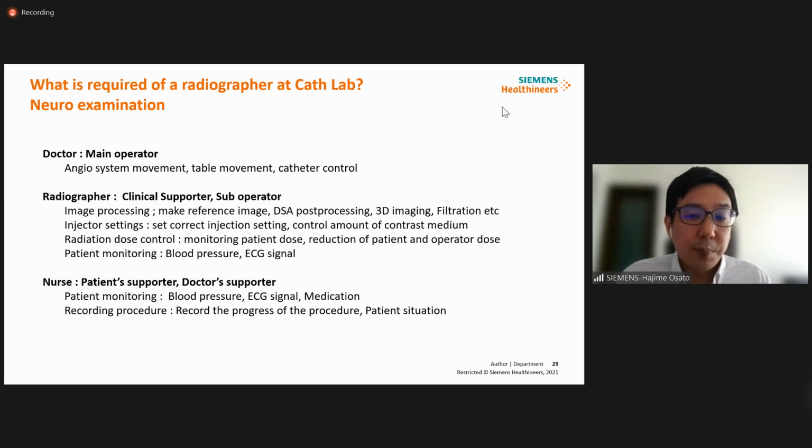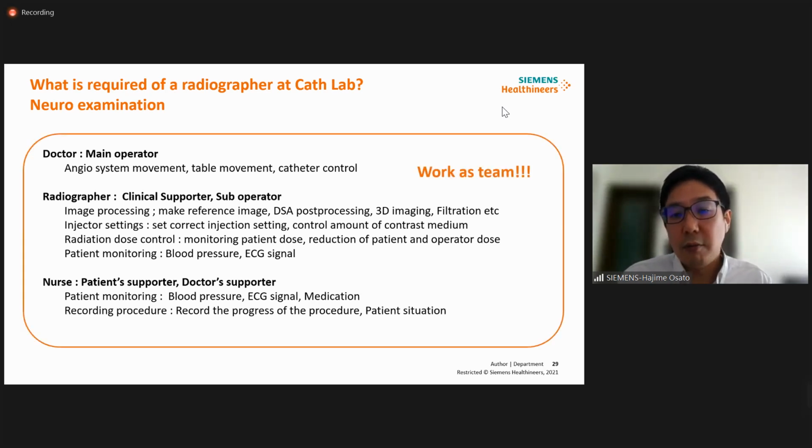In terms of patient monitoring, the nurse in charge confirms blood pressure, ECG signal, and medication support, and so on. But during the procedure, all staff work as a team. This is quite important.